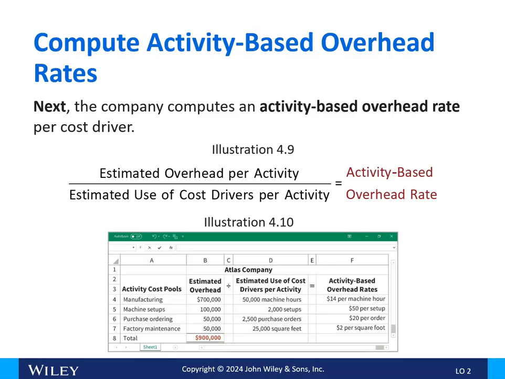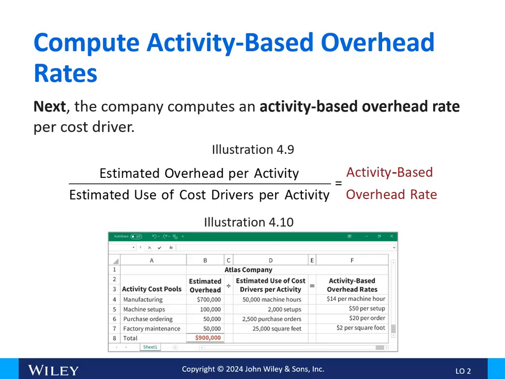So then we get rates for each cost driver. It's the estimated overhead per activity divided by the estimated use of the cost driver per activity. Again, we had manufacturing at 700,000 estimated overhead. We're estimating 50,000 machine hours, so it's $14 per machine hour, the 700,000 divided by 50,000.